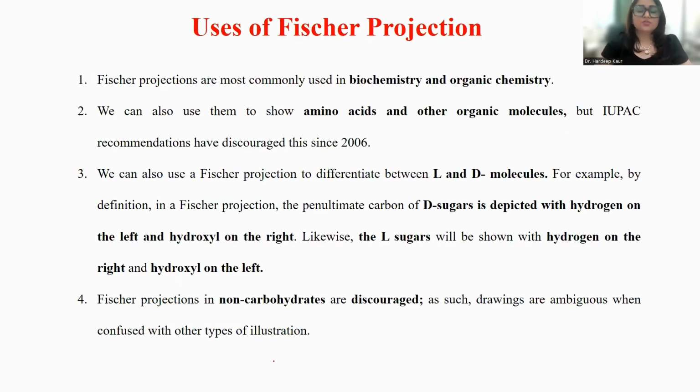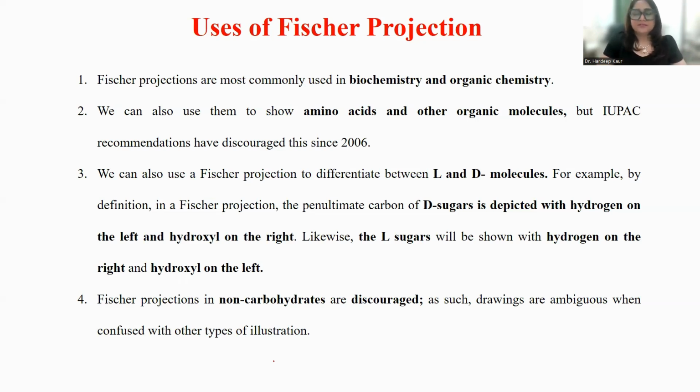So what are the uses of this Fischer projection that we have studied here? Basically, in biochemistry it plays a very important role, and we can also use it to show amino acids and other organic molecules, and even for IUPAC naming. In a Fischer projection, you can also differentiate between levorotatory and dextrorotatory molecules.